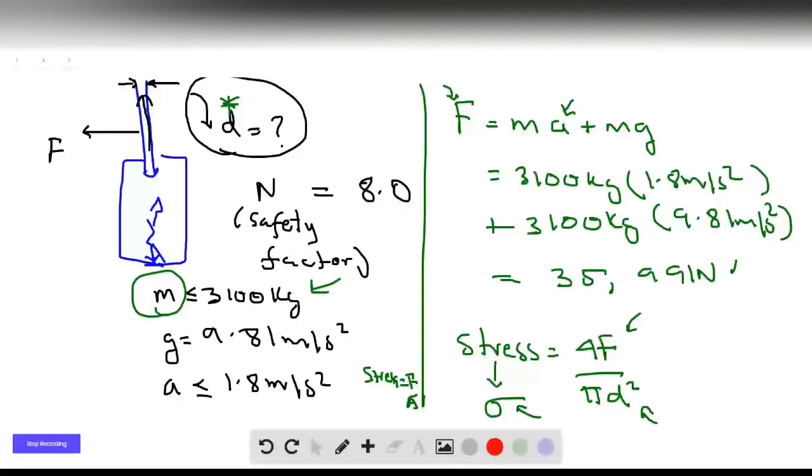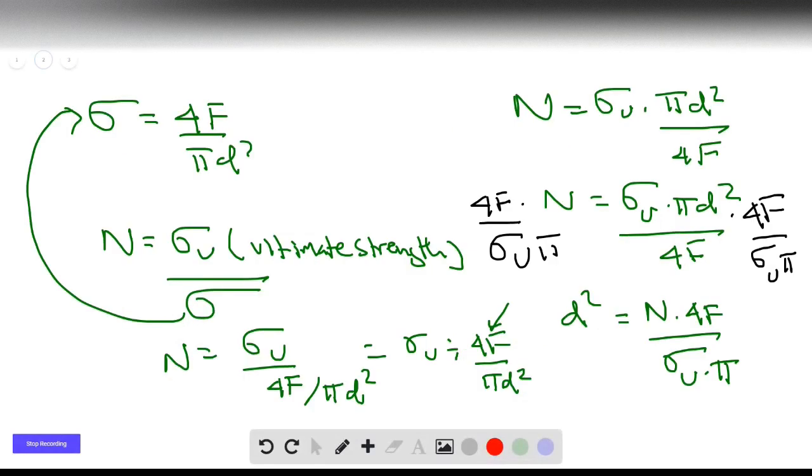We're using the stress to simplify the problem, so we get rid of the stress and replace it with these variables that involve the ultimate strength together with the diameter and the force involved.